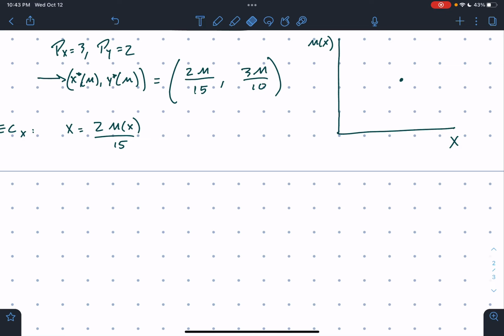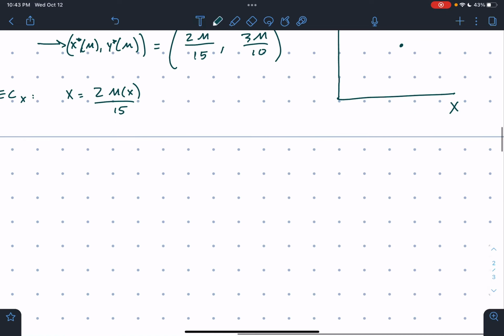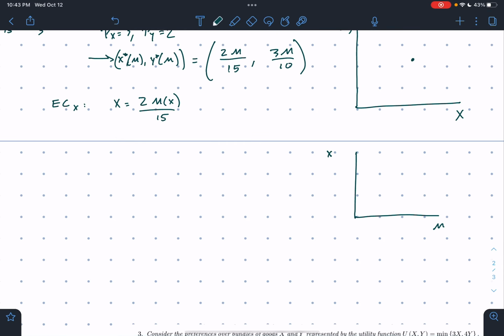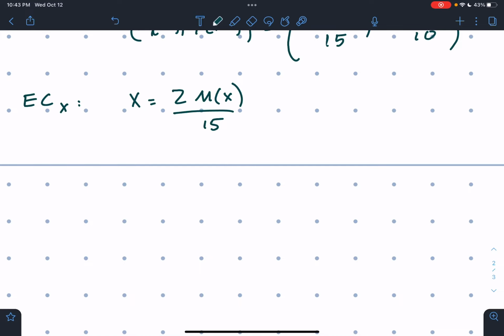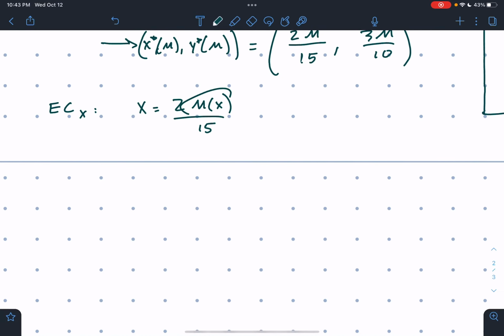One way we could also do it is to look at M and then look at X as a function of M. You have your Engel curve, and then you invert it to go here. You just flip the graph. So if we're looking for income M as a function of X, we just rearrange this.